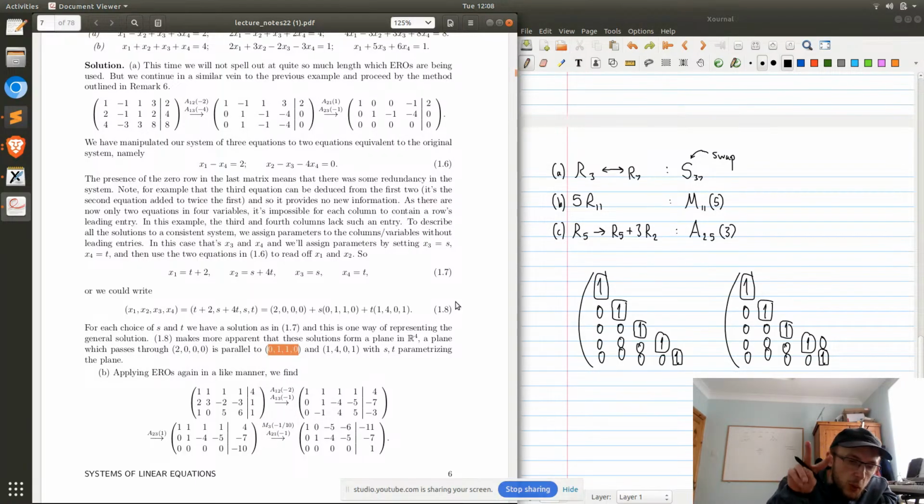I have 2 points floating in space and another point, and the plane passes through that point and it's completely parallel to those 2 floating points. I get it. And S and T parameterize the plane.